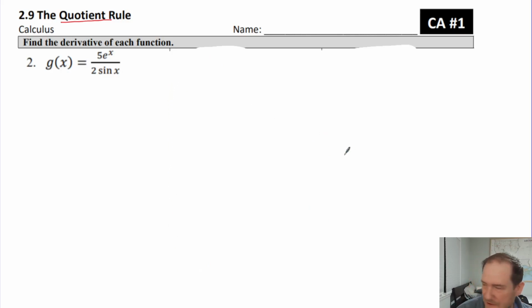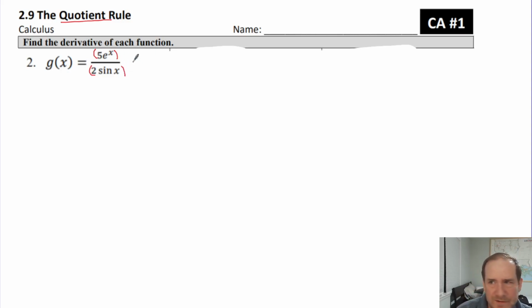All right, so now that we're doing quotient rule, as we look at this, we should see that we've got this factor in the numerator, we've got this other factor in the denominator. I could sort of make life easier for myself.